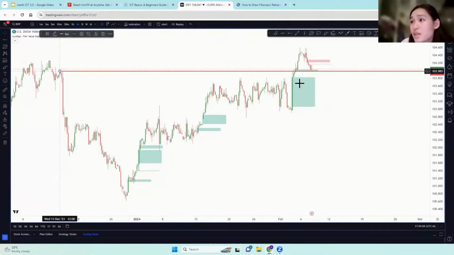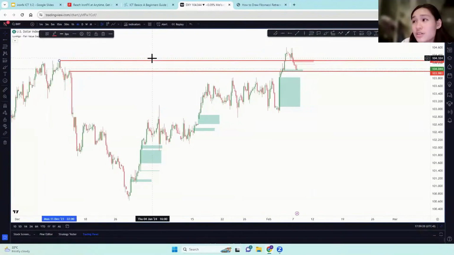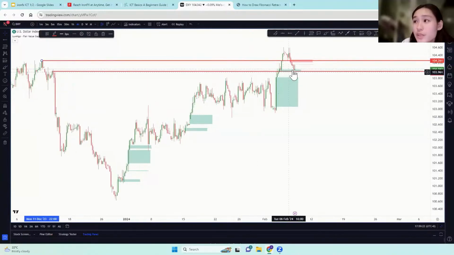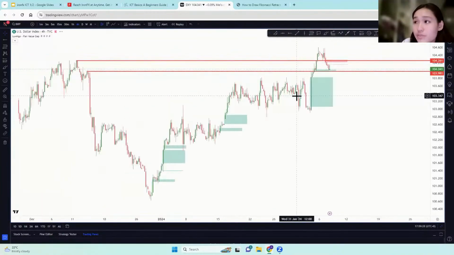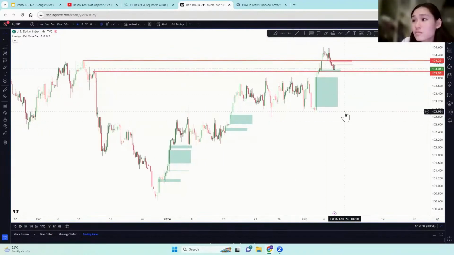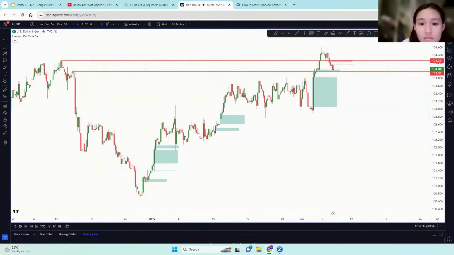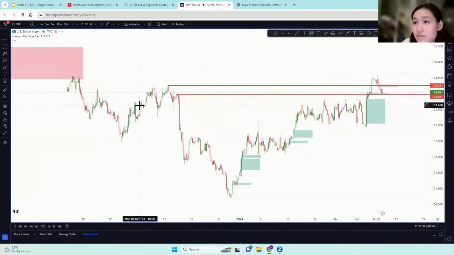We have this green highlighted area, which is in line with this swing high. This fair value gap is in line with this resistance area as well, so we're expecting price to continue to rebound off of this area and drop below it.